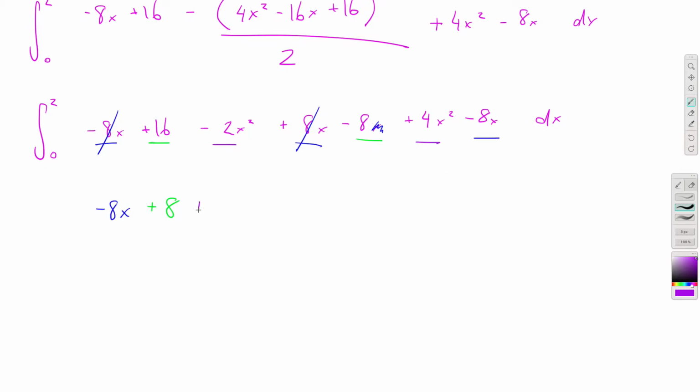So that's going to give you plus 2x squared. And this is dx from 2 to 0. So then you're going to get negative 8x squared on 2 plus 8x plus 4x cubed on 3, from 2 to 0.